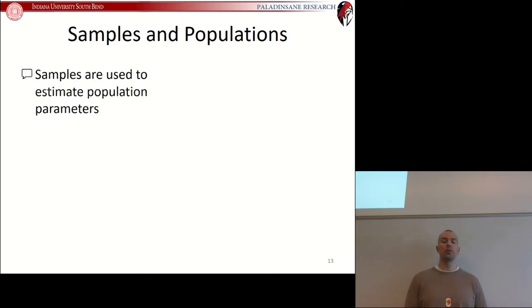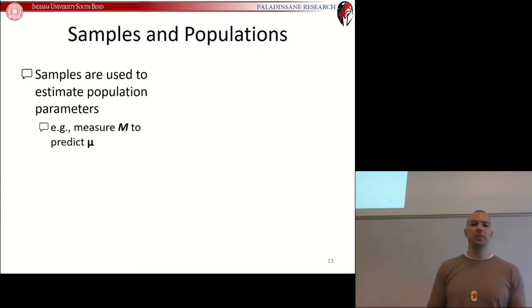So usually we're measuring samples and we use those samples to estimate population parameters. So we measure our 14 autistic children so we can estimate things about the population of autistic children. We measure our 20 depressed subjects so we can estimate things about the population of depressed subjects. You never get to work with all 1 billion people in the population. You have to work with those samples.